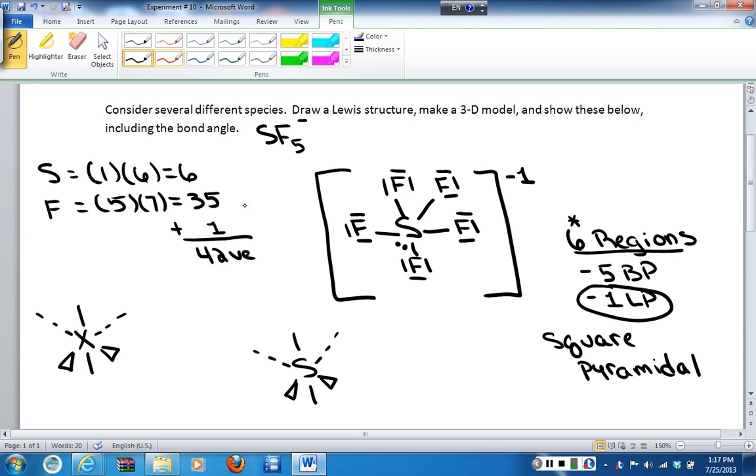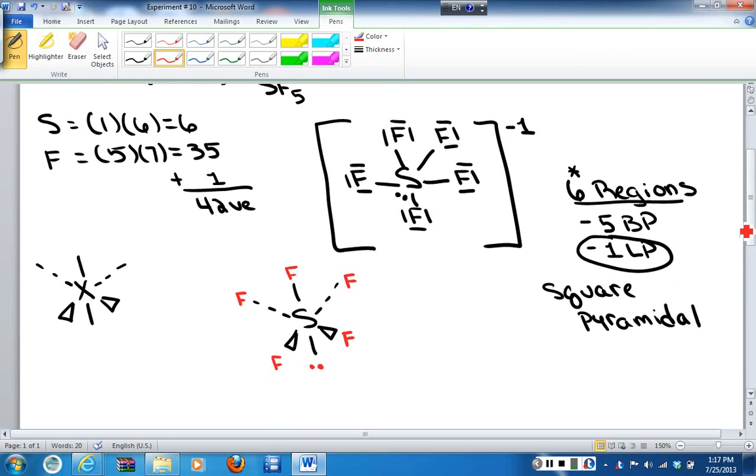So I will put the lone pair here and fill in my remaining terminal atoms. And the reason it does not matter where you put those lone pairs is because it doesn't affect any of the lone pair, lone pair, lone pair, bonding pair, and bonding pair interactions. So when you have 1 lone pair, you can put it in any of these 6 positions.